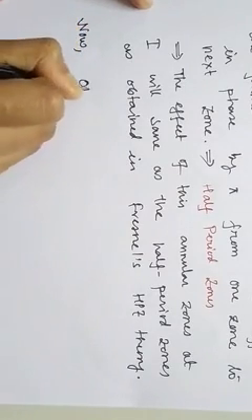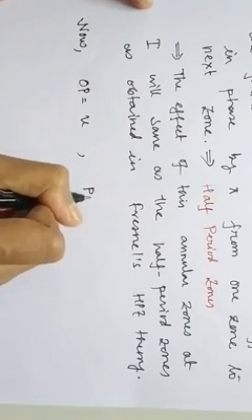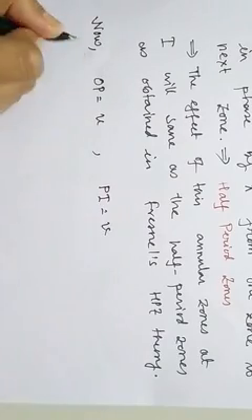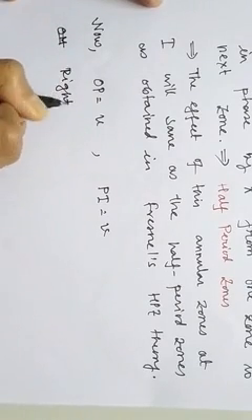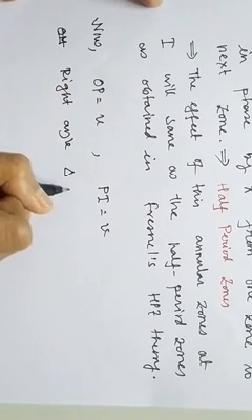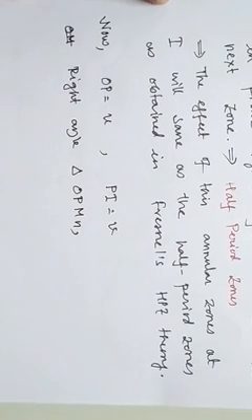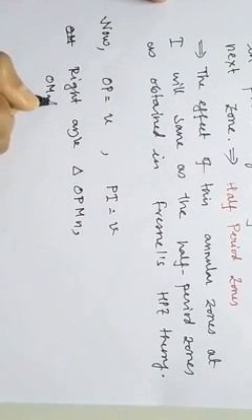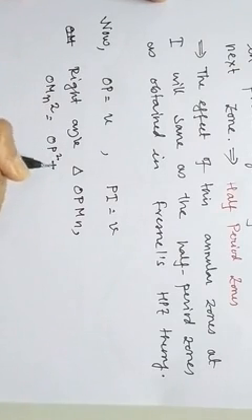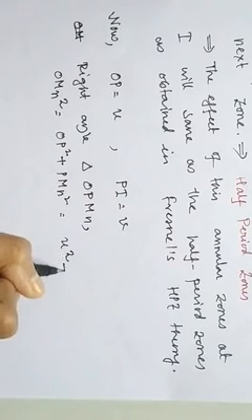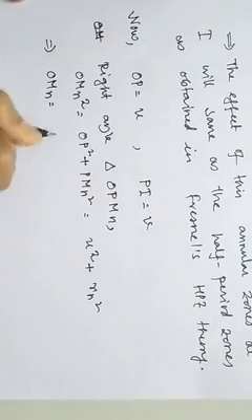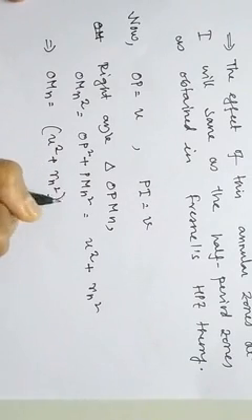OP is equal to U and suppose PI equals V. Therefore, from the right angle triangle OPMN, we have OMN square equals OP square plus PMN square, which is U square plus Rn square, which gives us OMN equals U square plus Rn square whole to the power half.